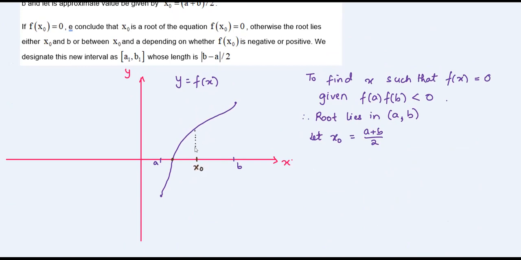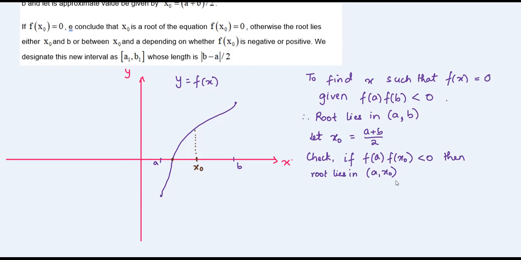Now, after that, we check the sign: check if f of a into f of x naught is less than 0, then the root will lie in a comma x naught.